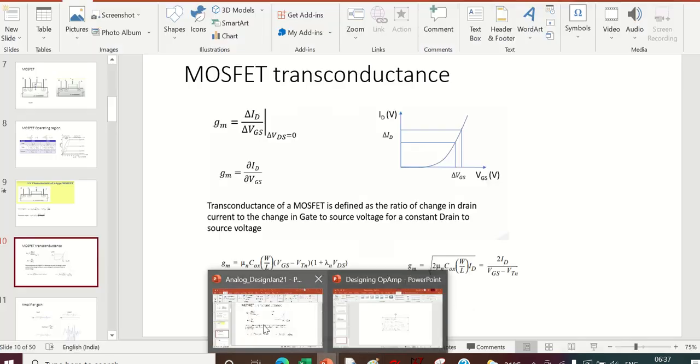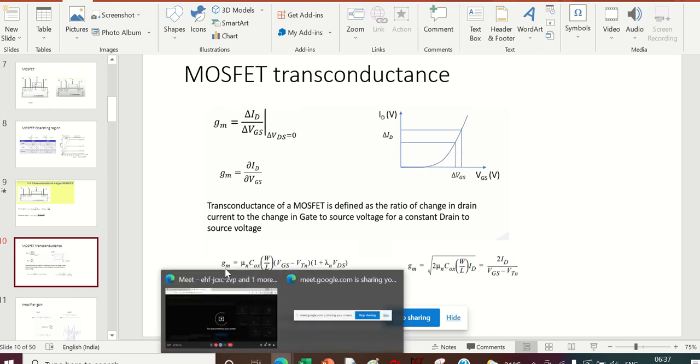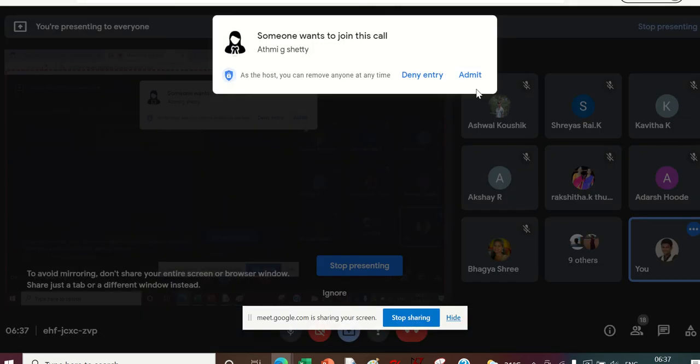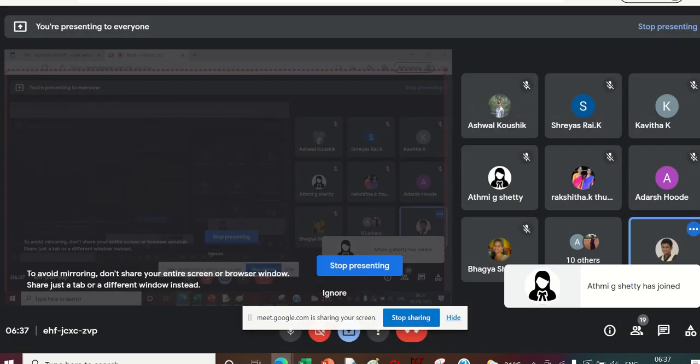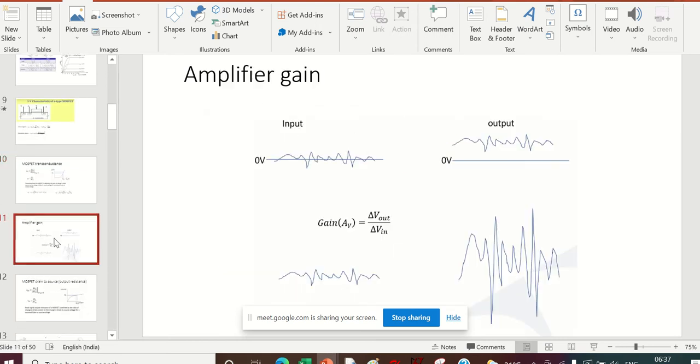So we generally operate this in saturation region. If you come below and below, you can see that ratio will be less. After that, we saw we want to make an amplifier.